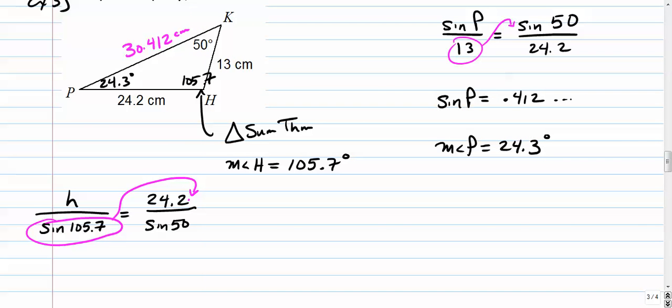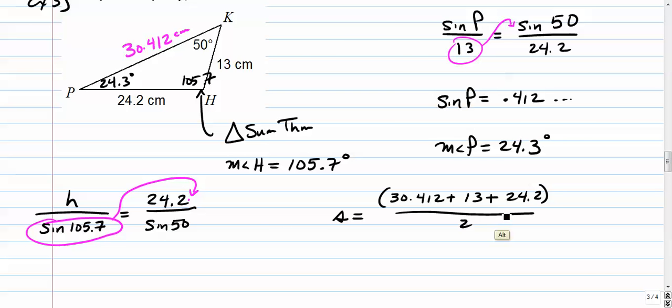Okay. So after all that, we did law of sines. Now we want to actually find our semi-perimeter. So it's going to be the sum of the three sides divided by 2.